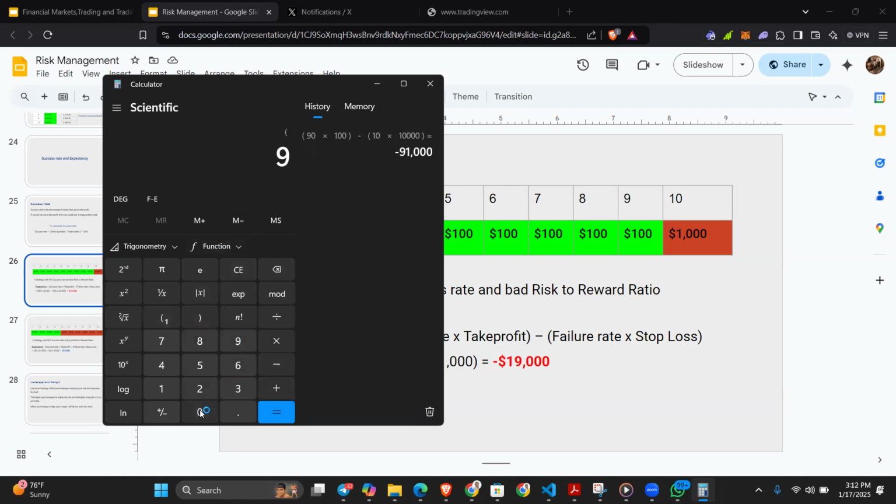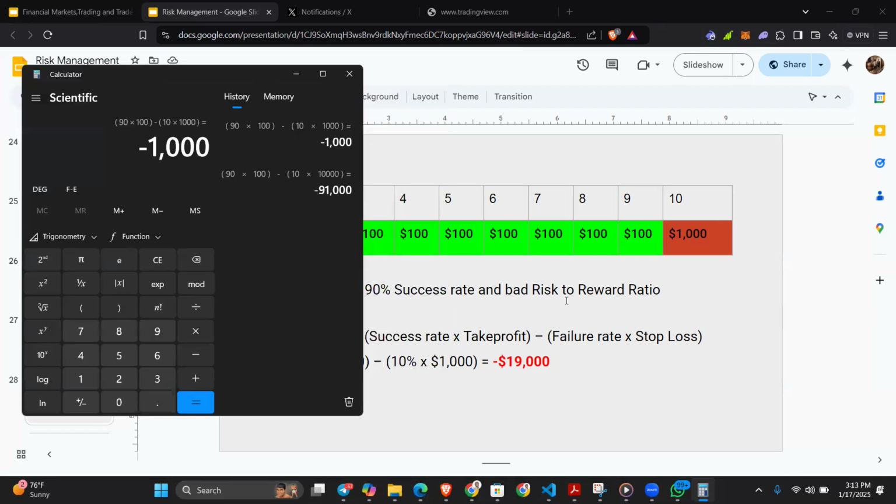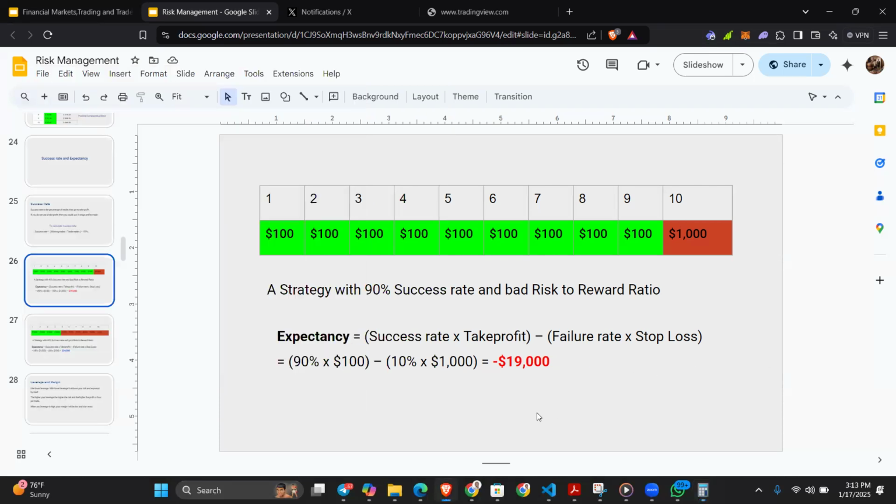So this is 90 times 100 minus 10 times 1,000. So you see that even though this strategy has a 90% success rate, it is a bad trading system based on the risk to reward ratio.